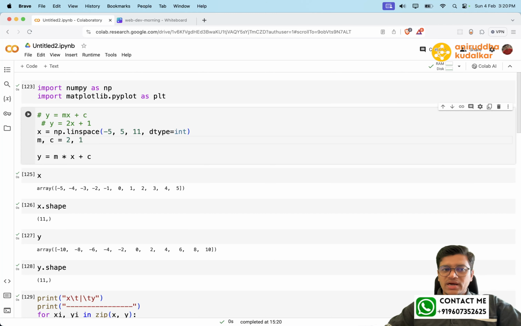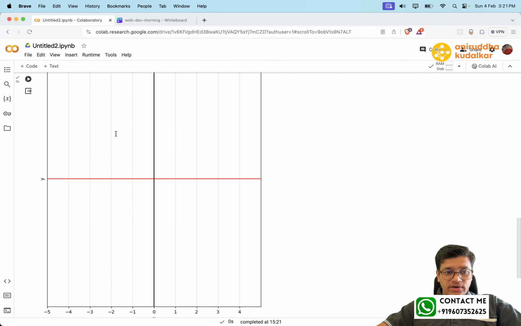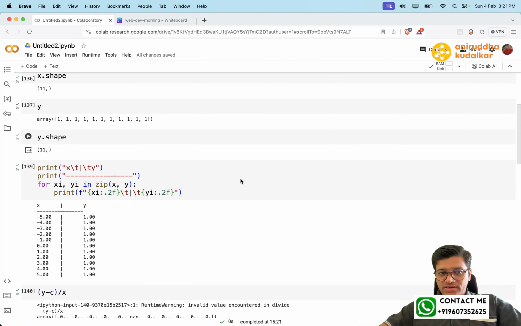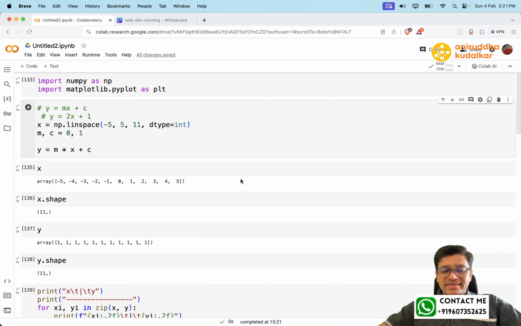Now, what I want to do over here is, if you make this thing 0, what will happen? Sorry, run all the things. See here, this is the horizontal line.